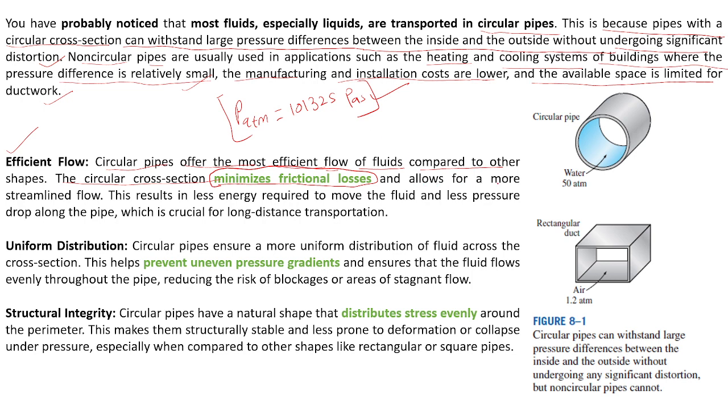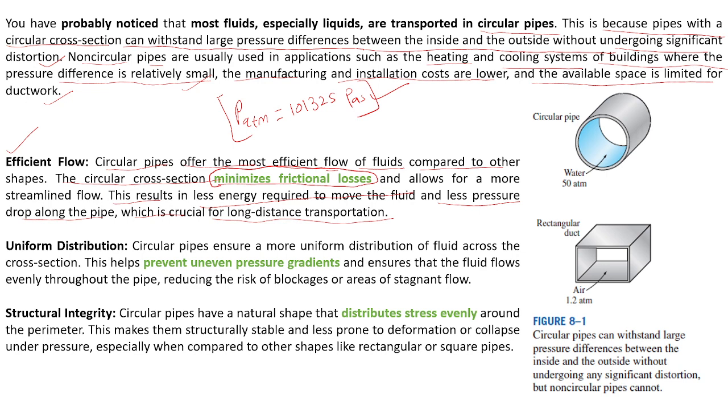It allows for more streamlined flow, resulting in less energy required to move the fluid, as there is less pressure drop along the pipe, which is crucial for long distance transportation. So I think you got the efficiency of the circular pipe.